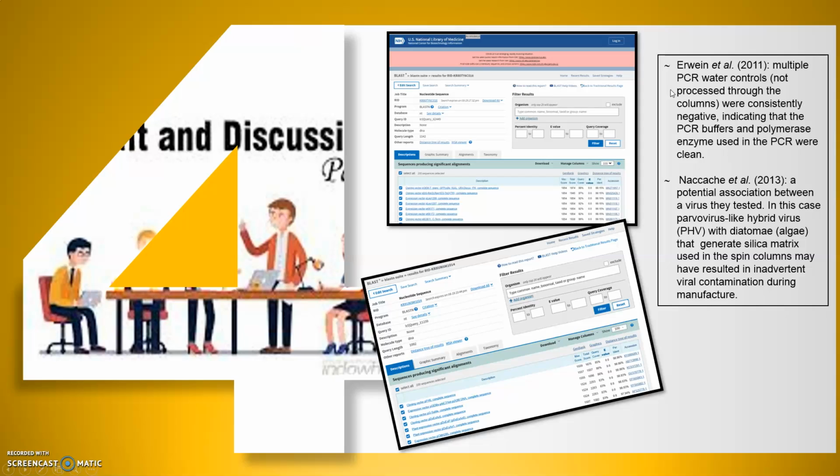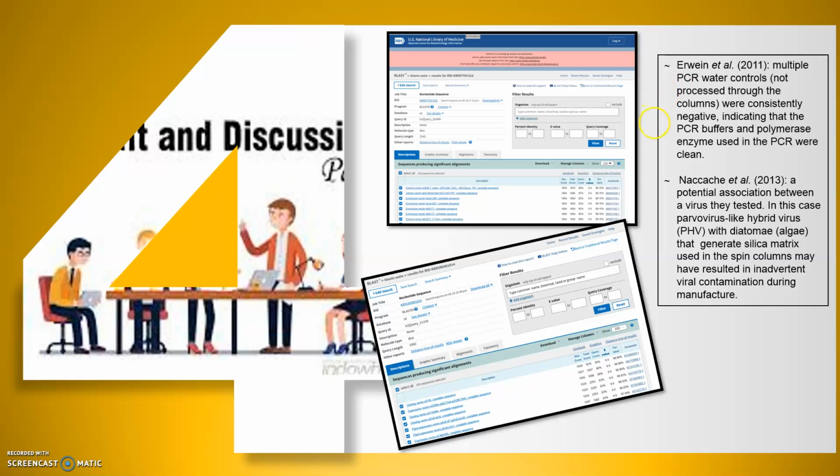the two previous studies by Erwin et al. 2011 and Nasasi et al. 2013. Erwin et al. confirmed that multiple PCR water controls not processed through the column were consistently negative, indicating that the PCR buffers and polymerase enzyme used in the PCR were clean.